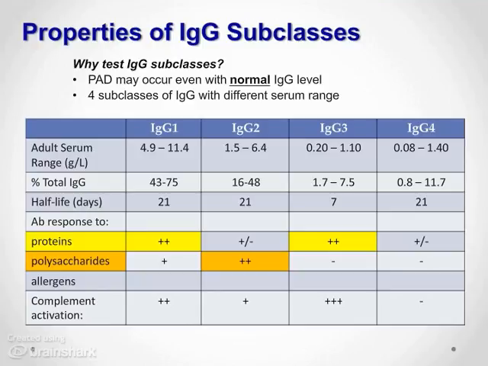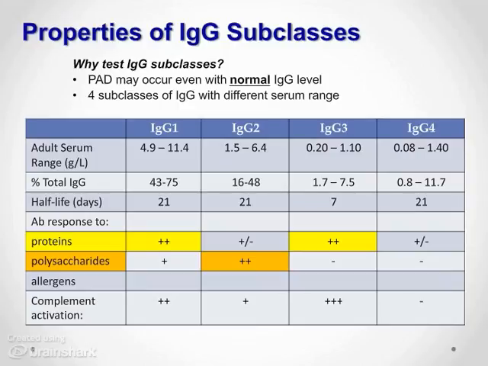The IgG antibodies can be subdivided into 4 different subclasses: IgG 1, 2, 3, and 4. PID may occur even with normal IgG levels as a result of IgG subclass deficiency. The patient may be asymptomatic, have recurrent infections, or have poor response to specific antigens due to a subclass deficiency.